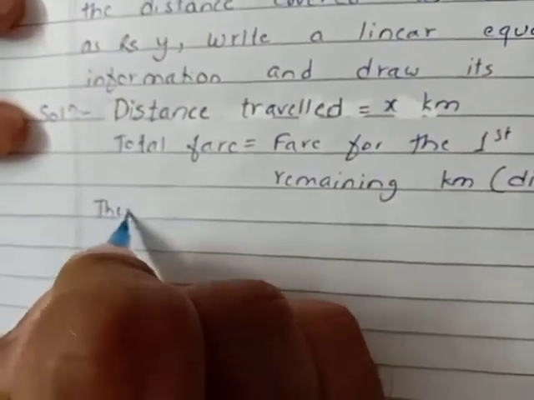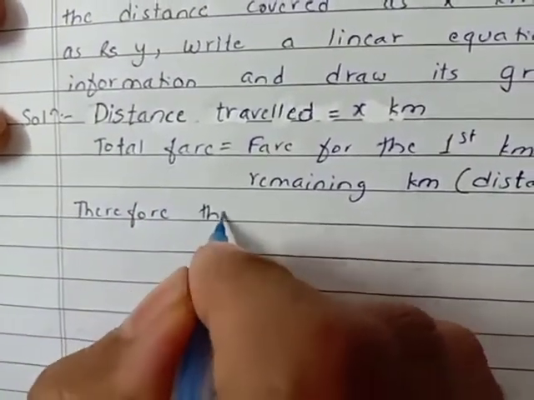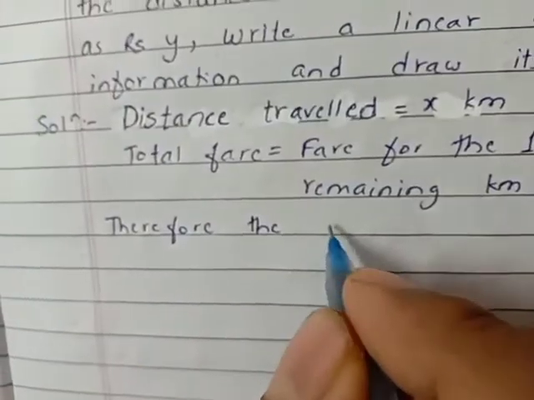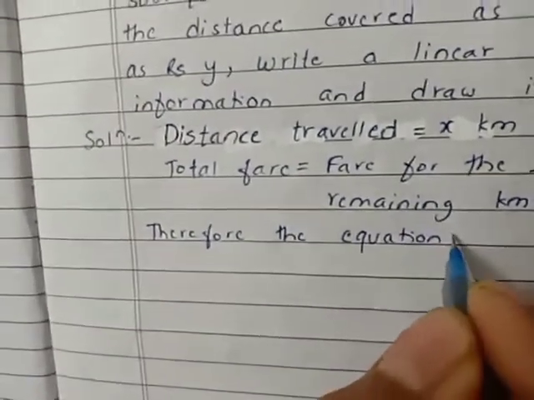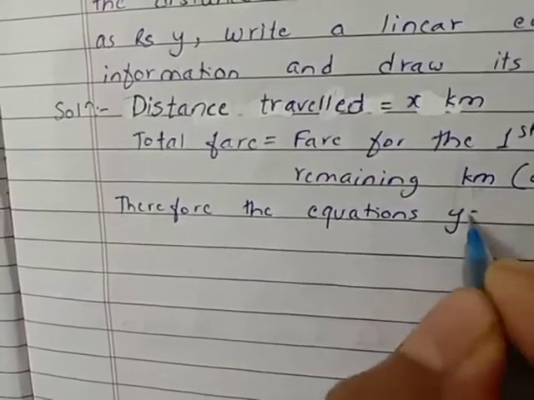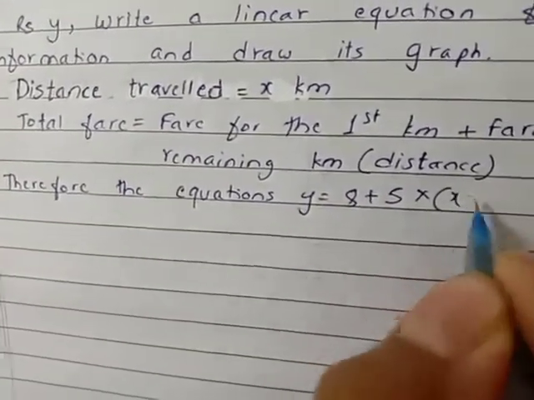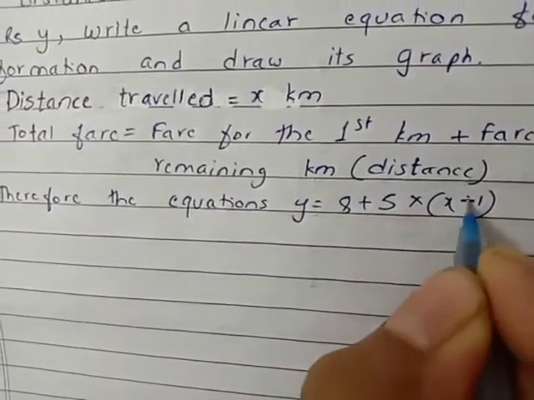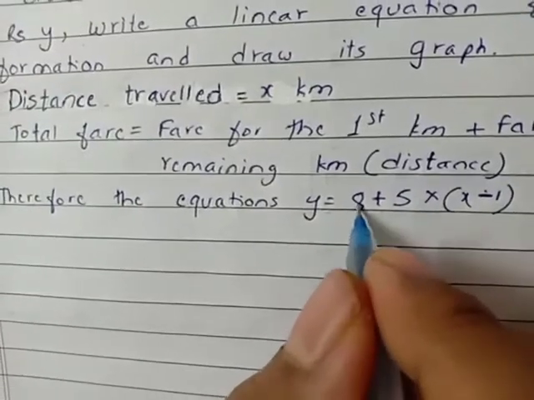Therefore the equation becomes y equal to 8 plus 5 into (x minus 1). Why x minus 1? Because the first kilometer is costing ₹8, so we have considered this.